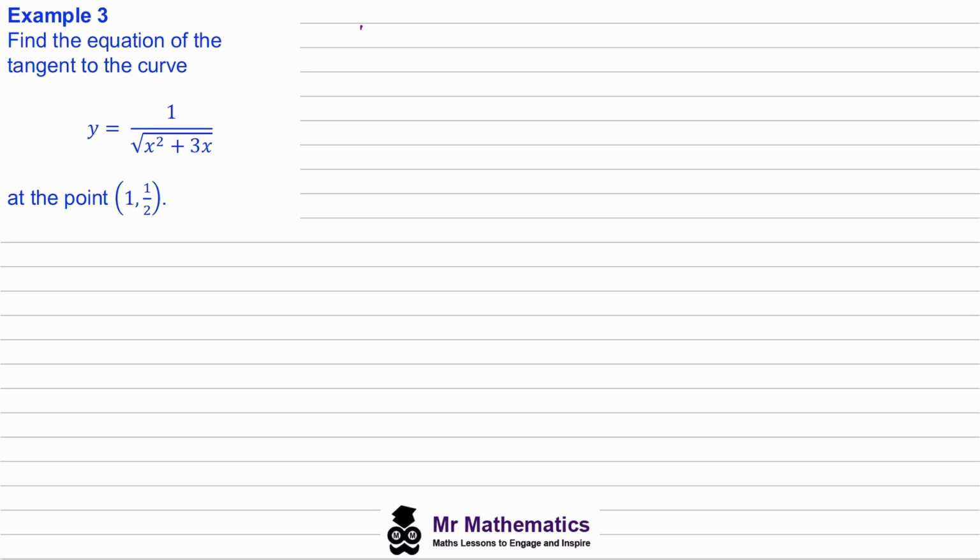Okay, so if we let t equal the x squared plus the 3x. Then dt by dx will be the 2x plus 3. So now y will be 1 over the square root of t. And I can write this as a power, and that'll be t to the negative 1/2.